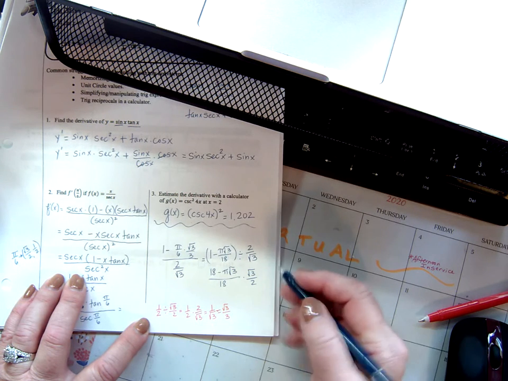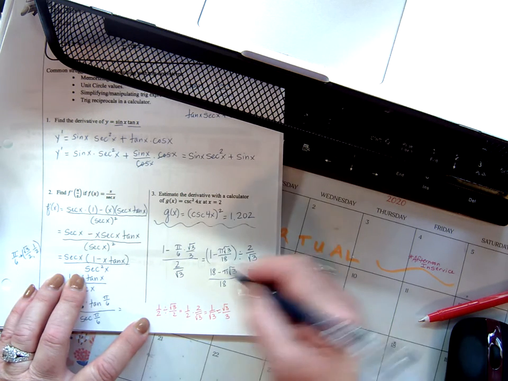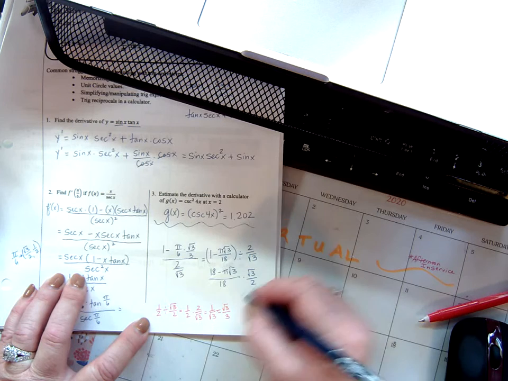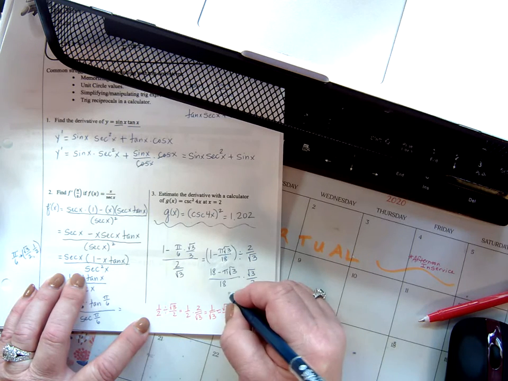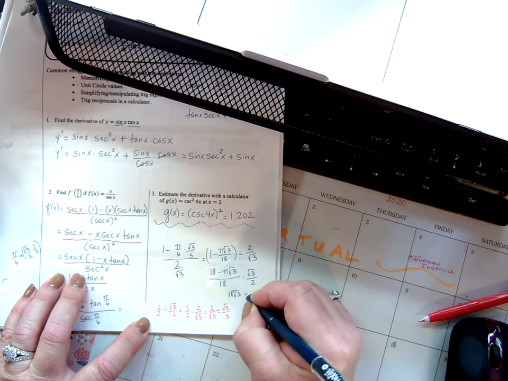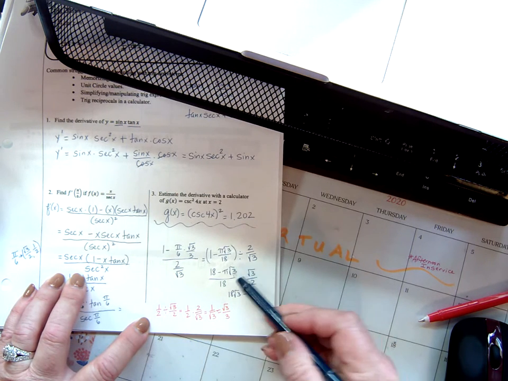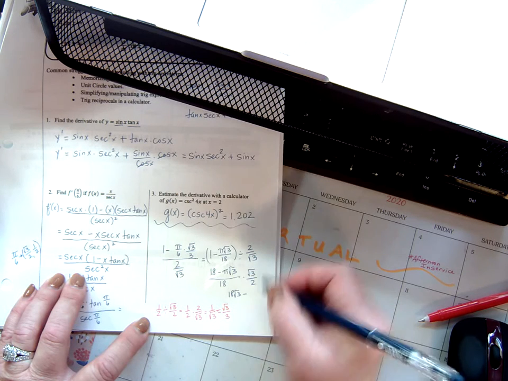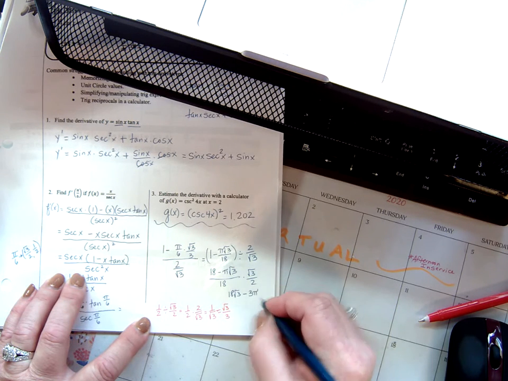Maybe you guys can help me out here, but if I multiply this, I've got 18 square roots of 3 minus square root of 3 times the square root of 3 is 3, so minus 3 pi all over 36.